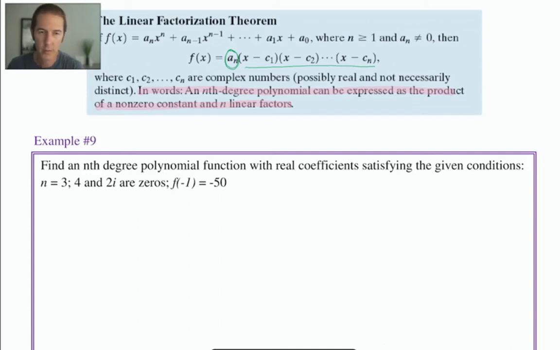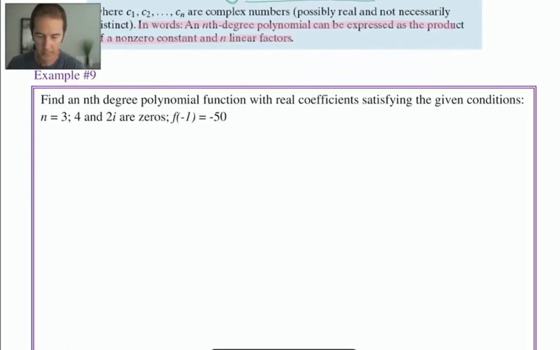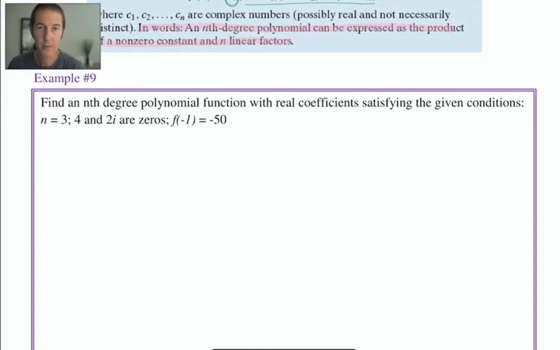The problem goes on to tell us that n is equal to 3, so it's a third degree polynomial, with real coefficients satisfying these conditions. 4 and 2i are zeros. And for some reason, they're telling us that f of negative 1 is equal to negative 50. That's the very last thing that we interact with of the given information.